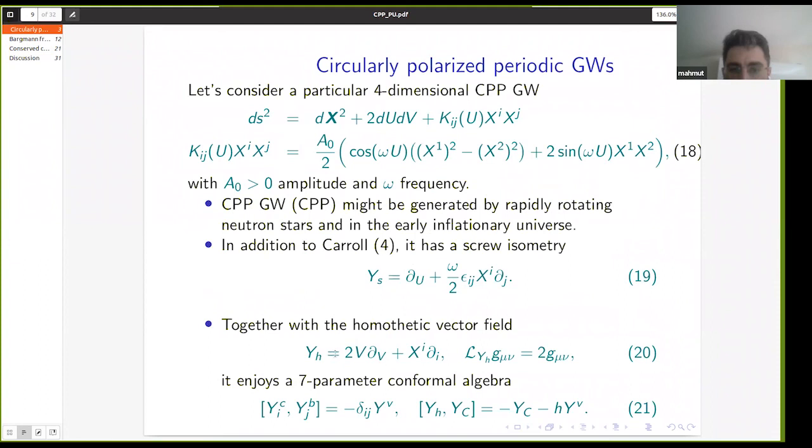Here, this is the homothetic charge, and the action of the Lie derivative of this homothetic vector field on the space-time or a manifold, it will give you 2 times the metric itself, and this is exactly the homothetic condition. So this is a scaling. The action of the vector field gives a constant conformal factor.